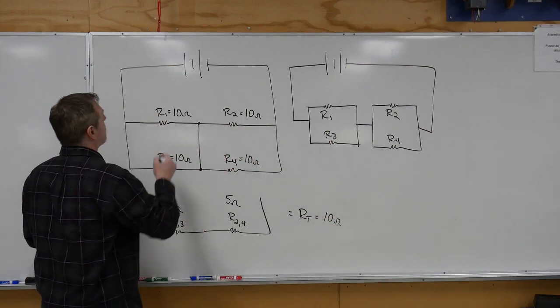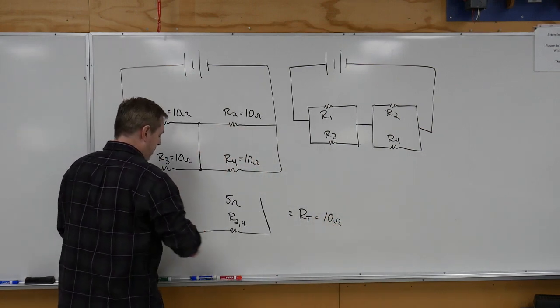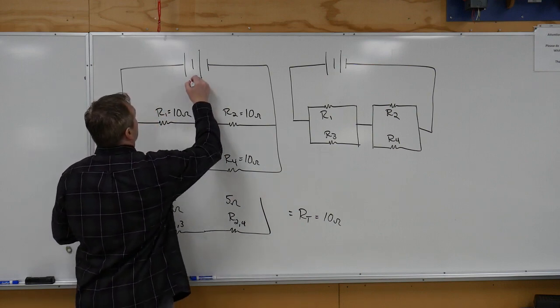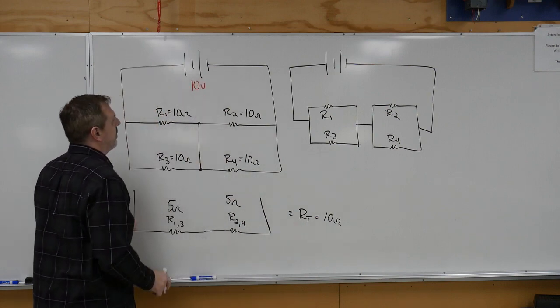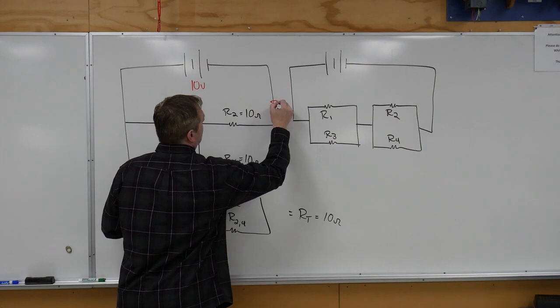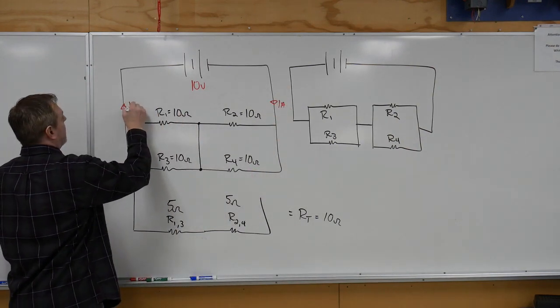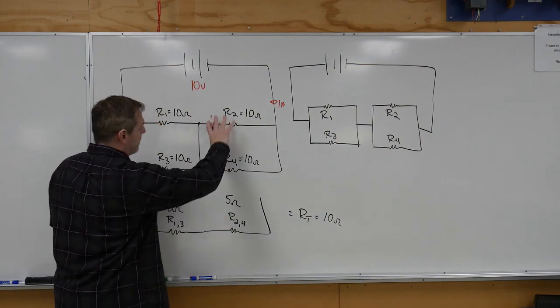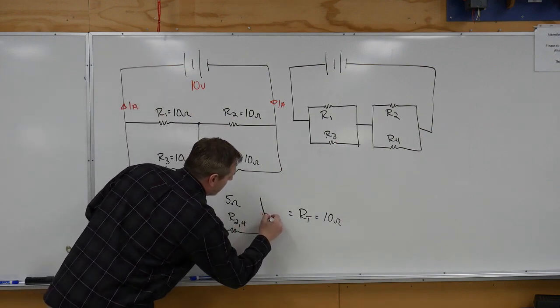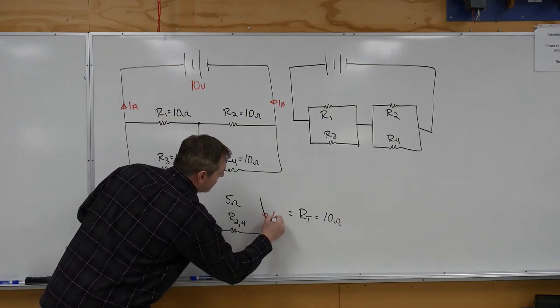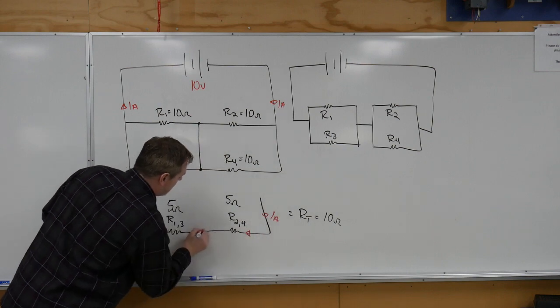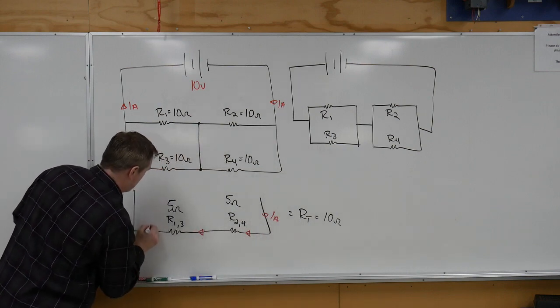And if my source voltage up here was 10 volts, we then have a line current of 1 amp flowing.